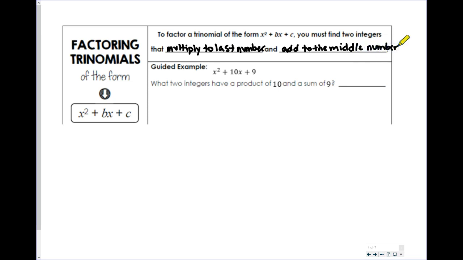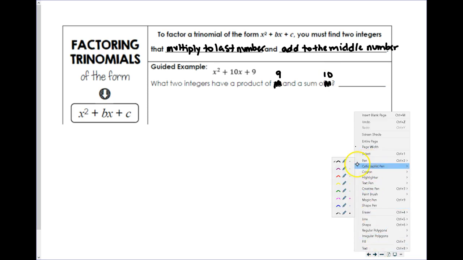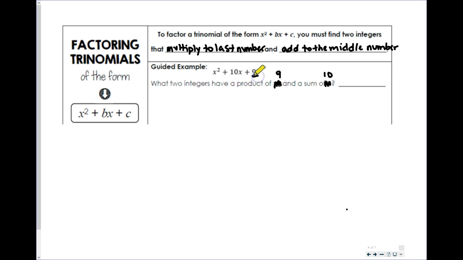Here's an example: x squared plus 10x plus 9. We're looking for two integers that have a product of 9 and a sum of 10. Just cross those out and switch those numbers. So we're multiplying to the last number, the 9, and we're adding to the middle number.